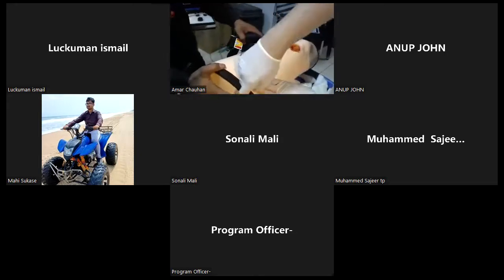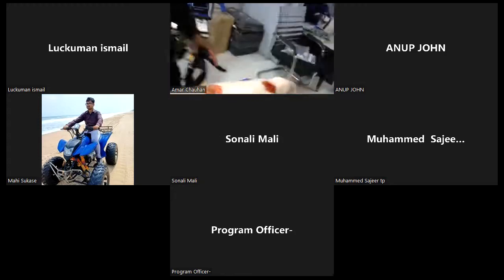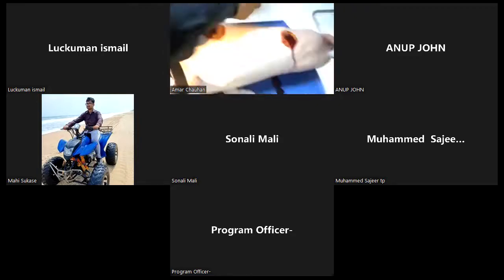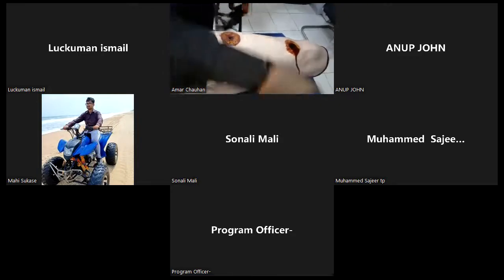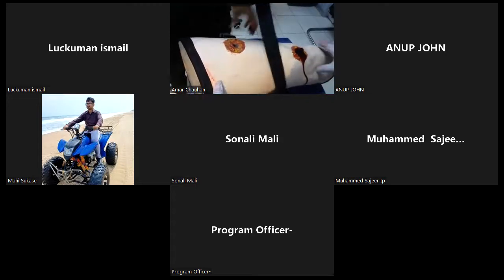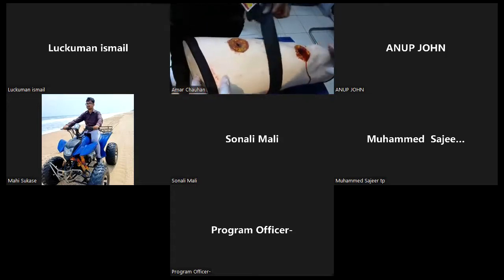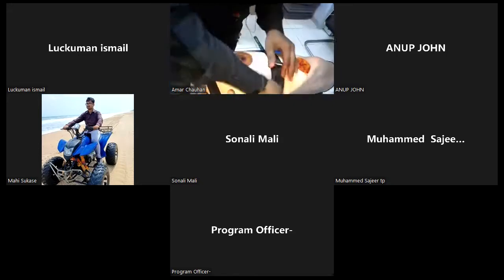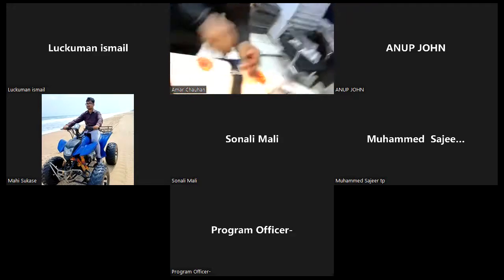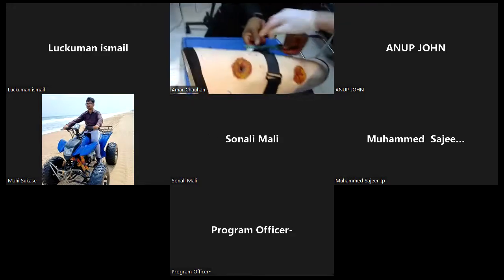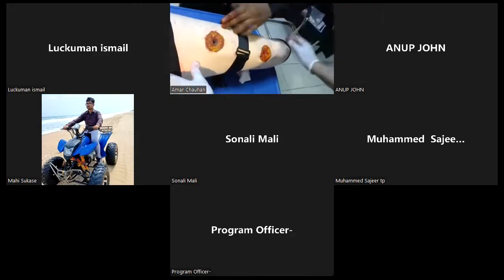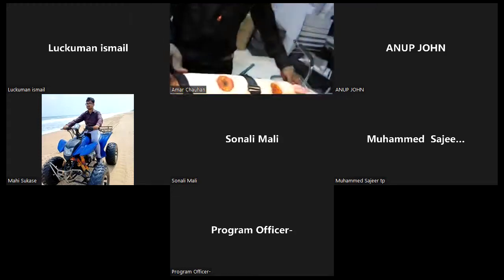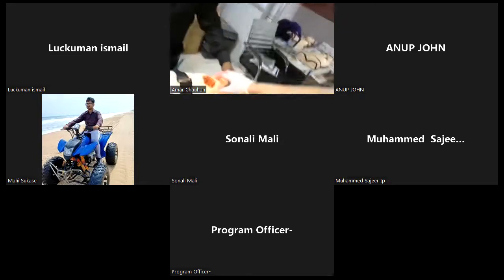If you switch on this button, you can see the blood rushing out, and this is where you need to apply the tourniquet kit to stop the bleed. When we apply the tourniquet, the bleed will stop. And you have to apply the windlass. This is our stop the bleed mannequin, and this is how the tourniquet kit is applied.